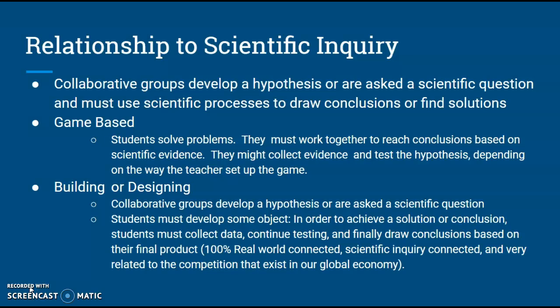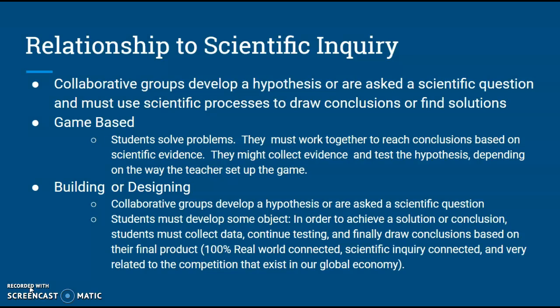Okay, so how does this align with scientific processes? Well, first, there's collaborative groupings where they develop some type of hypothesis, or they're asked a scientific question, and they must use science or scientific processes to draw some kind of conclusion or to find solutions.